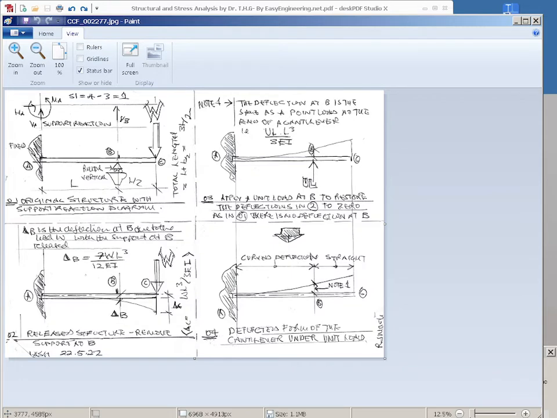So in diagram 4 I just drew a little diagram to show you that if you put a unit load at B, you get curved deflection between A and B, and then you will get a straight deflection between B and C, because it's not bending directly anymore.